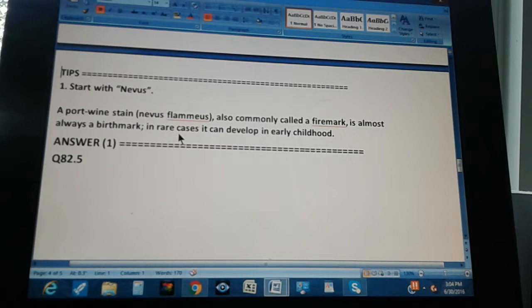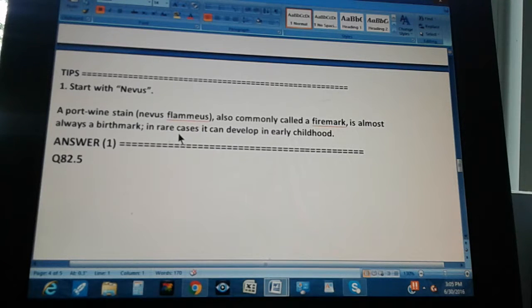It's almost always a birthmark, which is why it's congenital. Whenever you're born, you already have this nevus. In rare cases, it can develop in early childhood. So this is the condition, and we gave you a tip on how to start looking for it, and the answer, Q82.5.